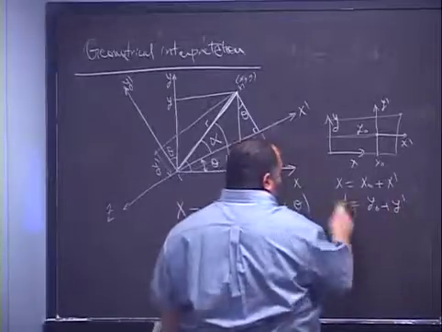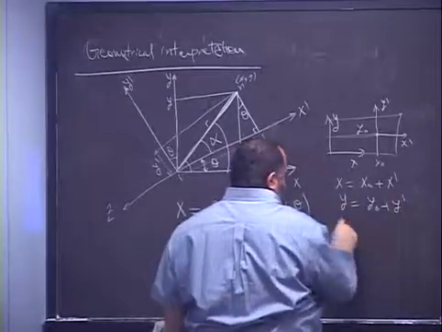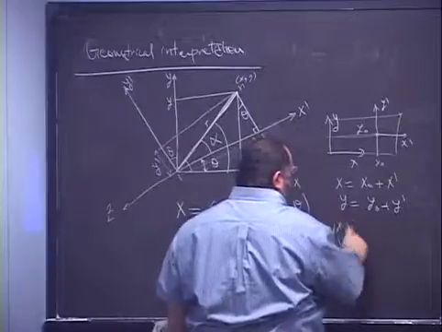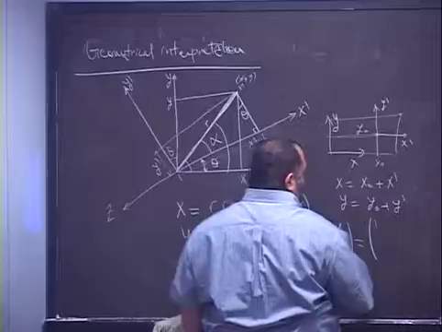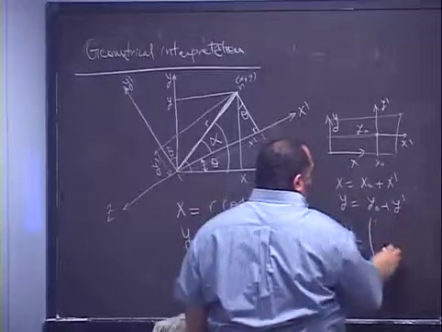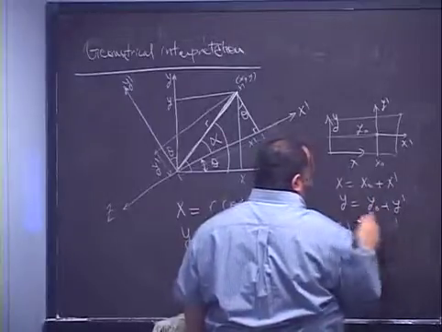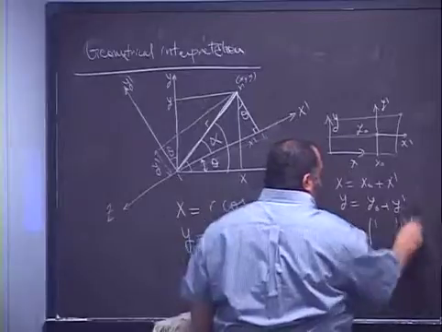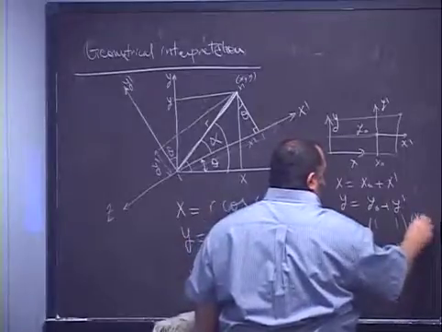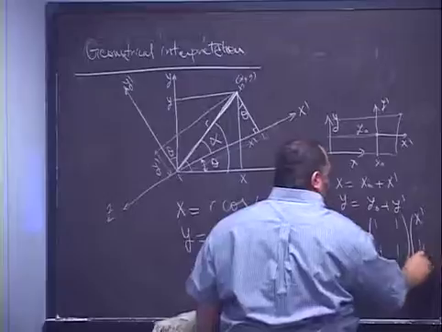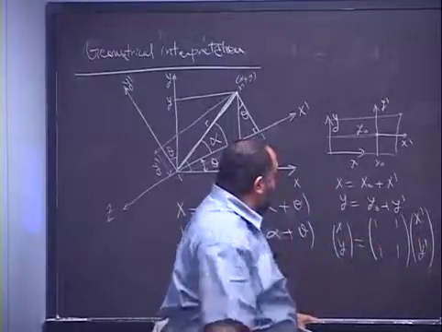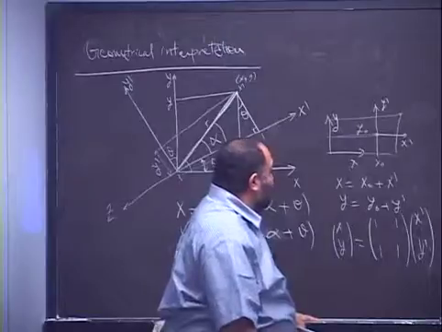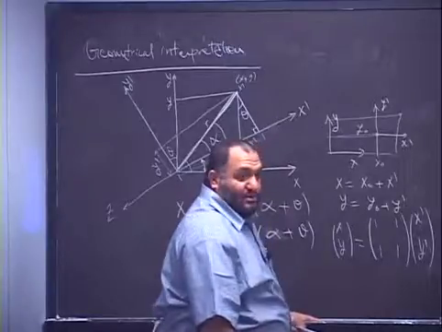So I can write (x, y) equal to this matrix, with 1s, times (x', y'). So this is the new matrix now.